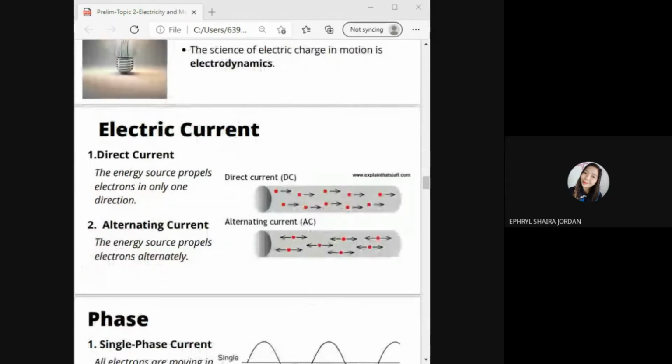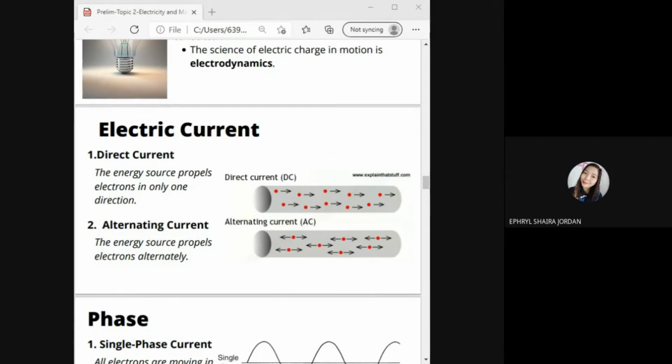Electric current: there are two basic types of current, the direct current and the alternating current. It is direct current if the energy source propels electrons in only one direction, as with an automobile battery. This form of electricity is direct current or DC.